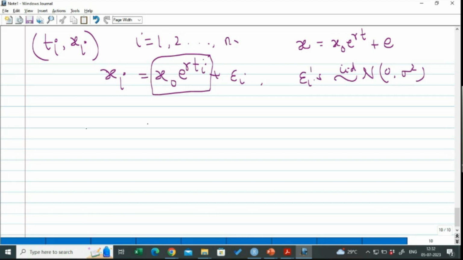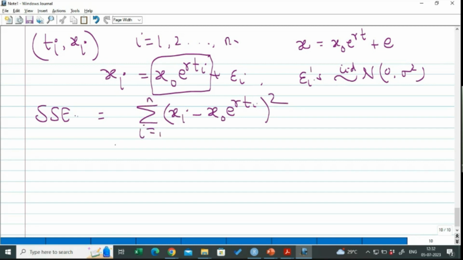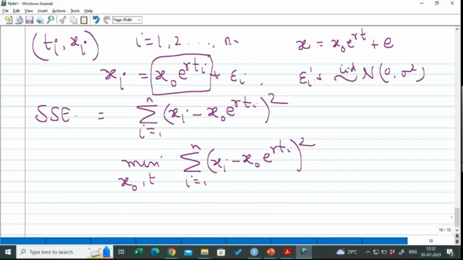So when you take the sum of squares, as in multiple linear regression, which you have already done, what will that be? It is going to be the sum of xi minus x0 e raised to r ti, whole square, for i equal to 1 to n, right? And you minimize this with respect to x0 and r.